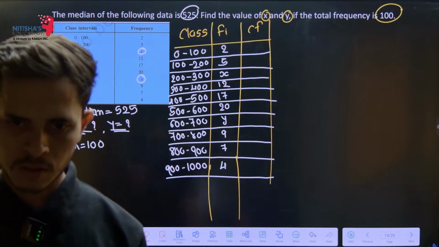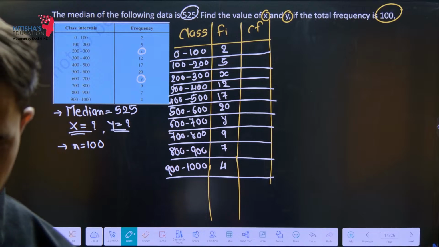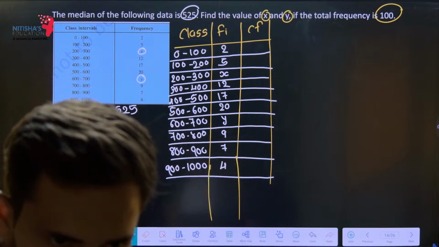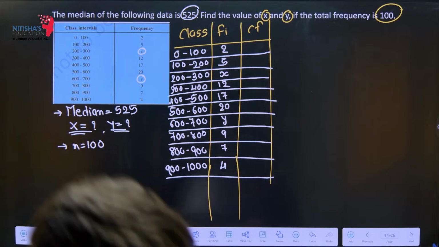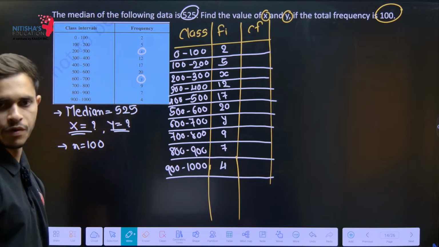Okay. So here, let's first find out the cumulative frequency.